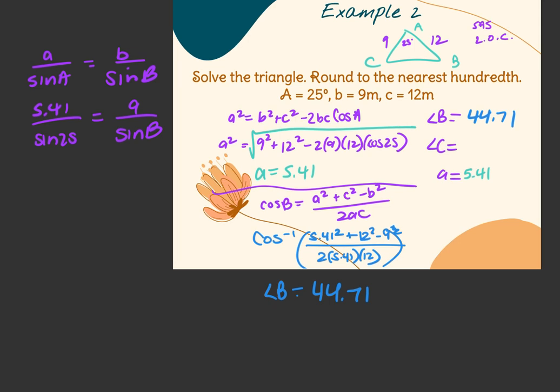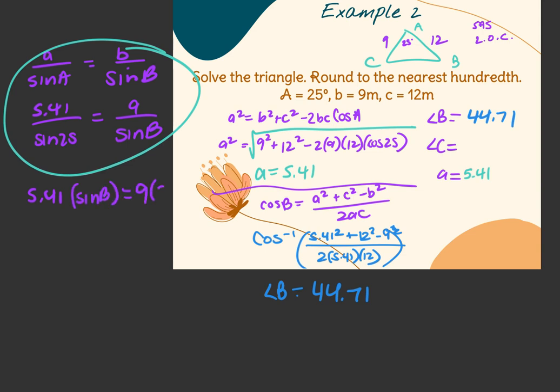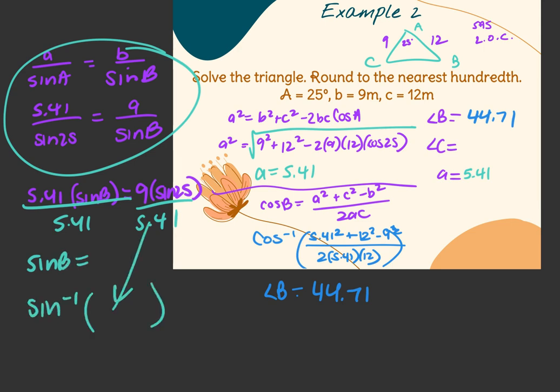If I had finished it out using law of sines, I would have gotten 5.41 times the sine of B equals 9 times the sine of 25, and then I would have divided by 5.41. And I would get sine of B, which means the last thing I have to do is sine -1 of that whole thing: 9 times sine of 25 divided by 5.41.